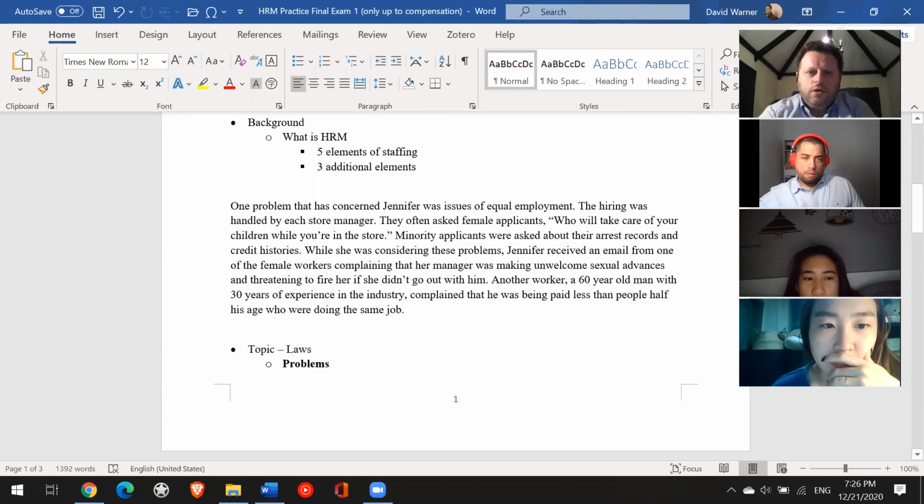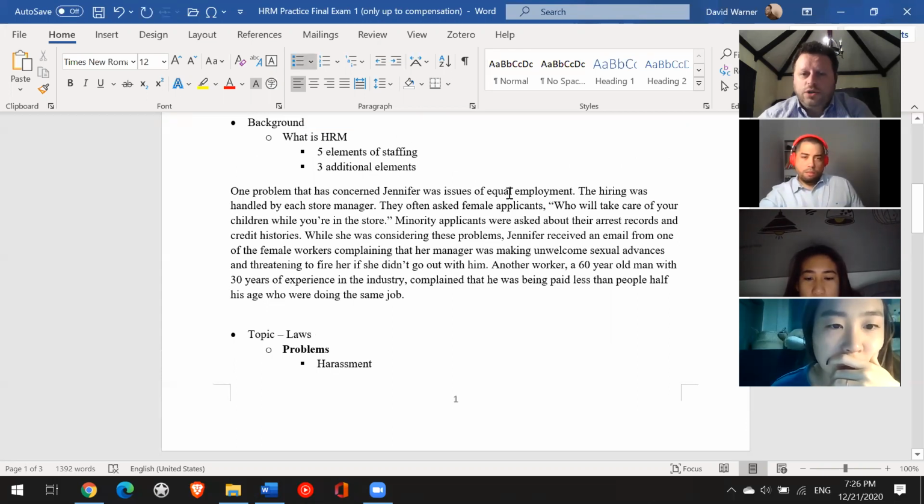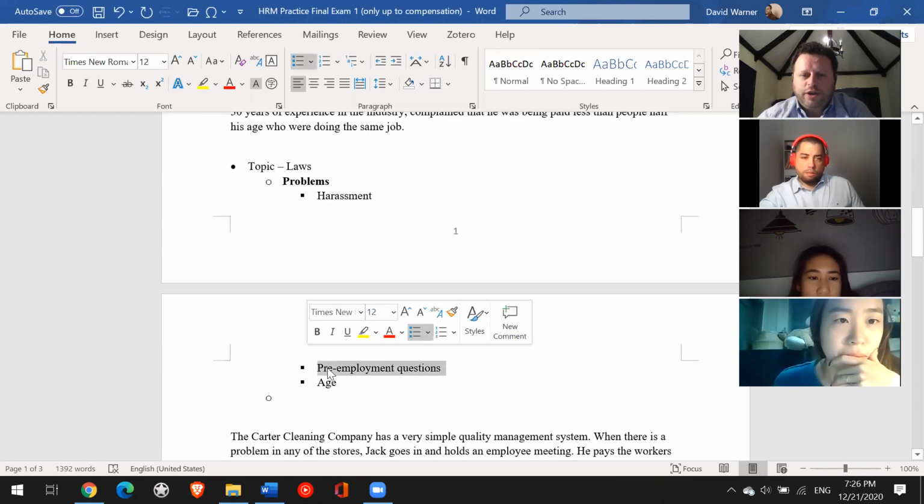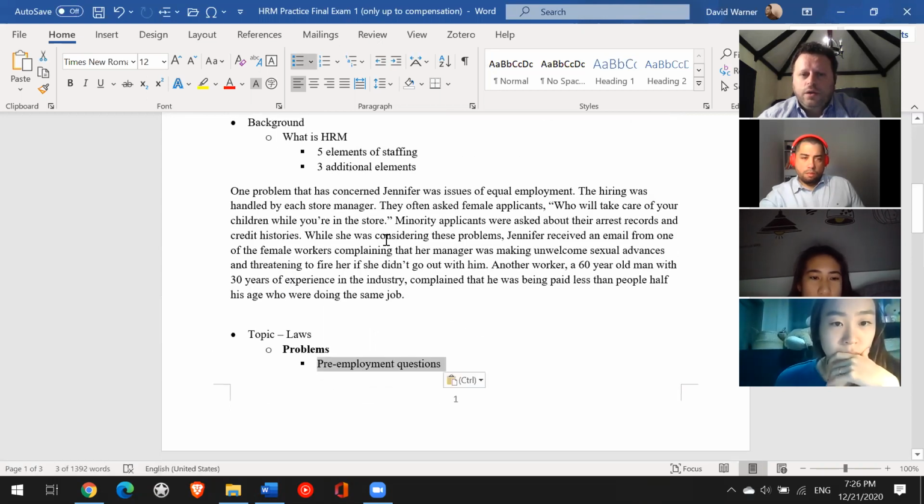So what's a problem here? One problem is these pre-employment questions. They ask females who will take care of your children. They ask minorities about their arrest records and credit histories. That's the first problem here, which is pre-employment questions. Then while she's considering this, Jennifer gets an email from one of the female workers complaining about sexual advances.